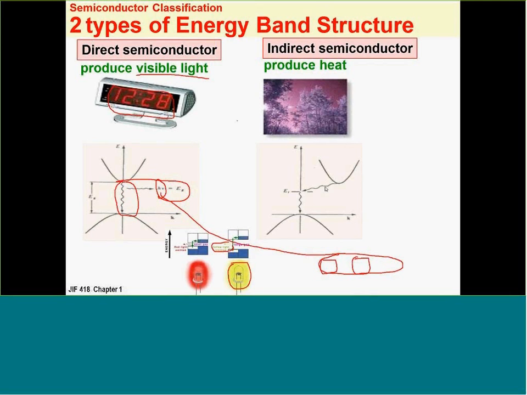But for indirect semiconductor, since it has to do two kinds of transition, it won't be able to produce energy in the visible region, but only heat, which is insufficient to reach the visible spectrum.